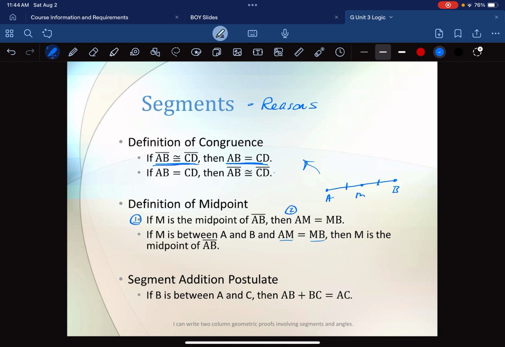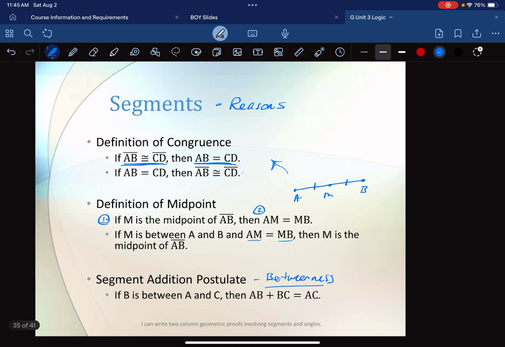This is the betweenness postulate we worked on in unit 1. So if B is between A and C, then AB plus BC equals AC. I can get a mathematical equation into my proof using the segment addition postulate, or betweenness. If you want to call this betweenness, you can do that instead of segment addition postulate. Either one's fine with me. I prefer betweenness.